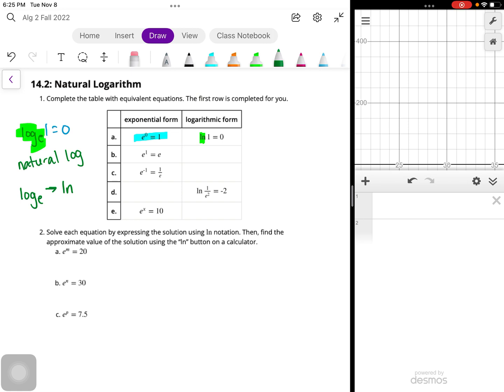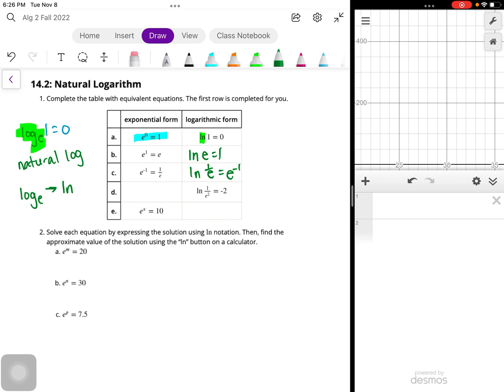Okay, so for b, we know that e to the first is equal to e. So that means the natural log of e is 1. All right, for c, the natural log of 1 over e is equal to e to the negative 1.